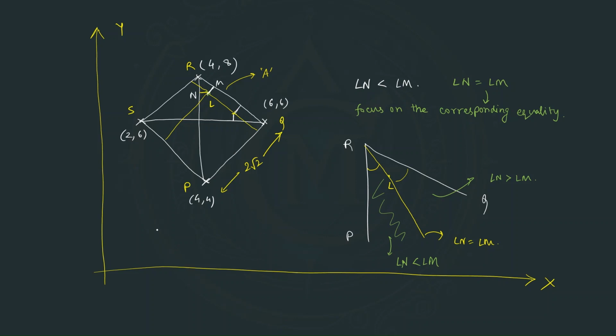So if this is the boundary here, ln equal to lm, then in this case also there should be this boundary, which is again ln equal to lm, like this.